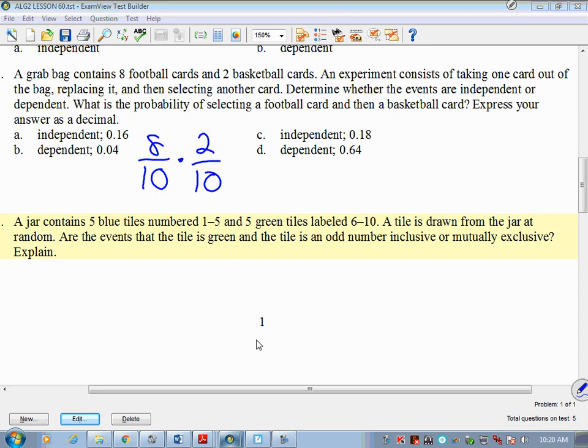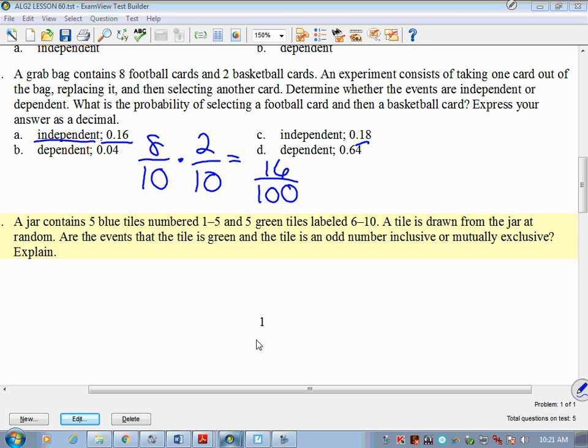But 8 times 2 is what? 16. 10 times 10 is 100. What's 16 hundredths? 0.16. Independent, 0.16. That's my probability, is A right there.